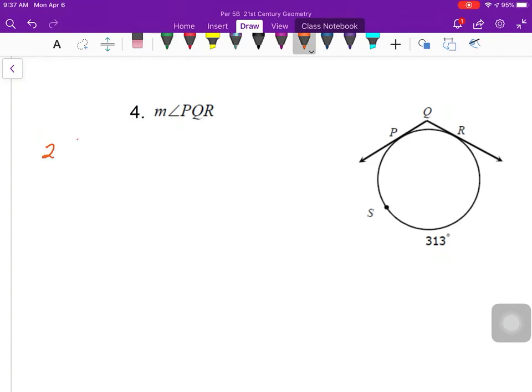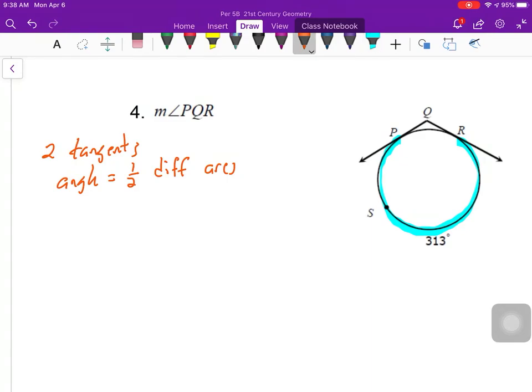Let's do a third example. Now in this third example, we have two tangents. That's still an outside angle, so the angle equals half the difference of the arcs.